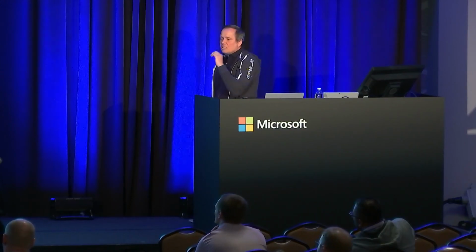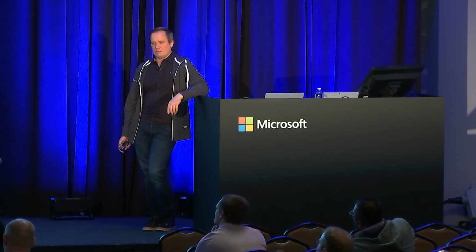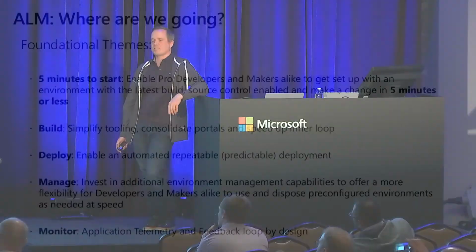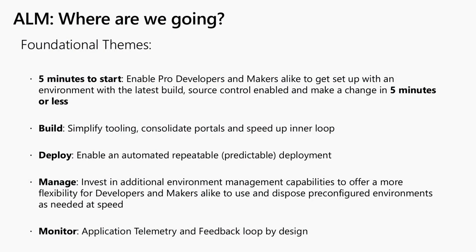So in essence, where we're going is this concept of 5 minutes to start. I think we call it enabling pro developers and makers alike to get set up with an environment with the latest build, source control enabled, and make a change in 5 minutes or less. That's not 5 minutes to make the change. It's 5 minutes from having nothing to having a development environment ready with everything I need to build my app.